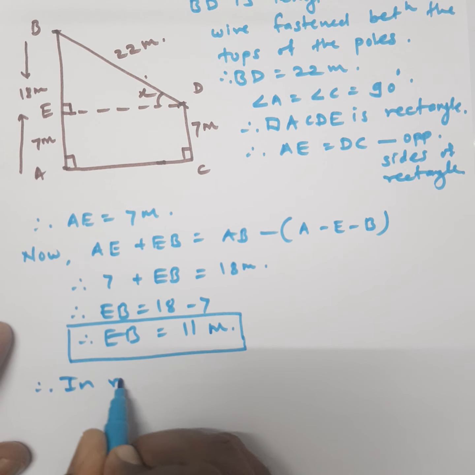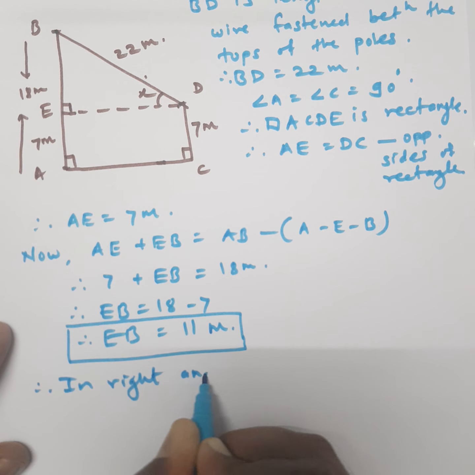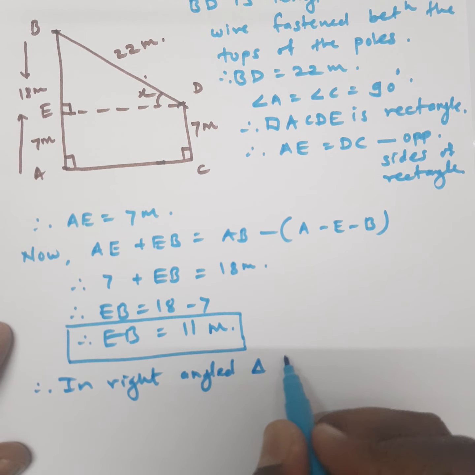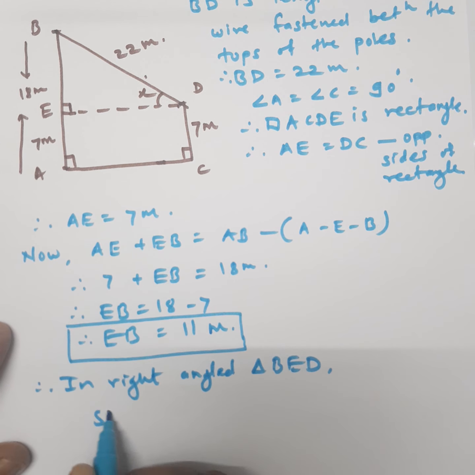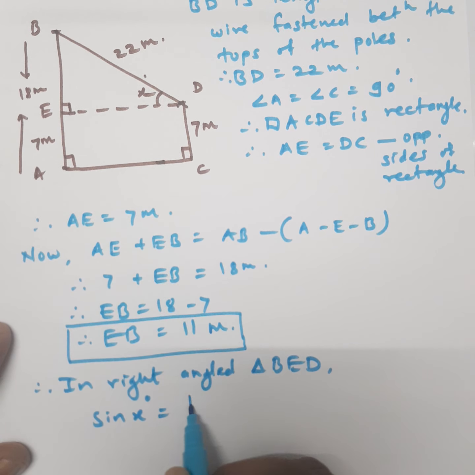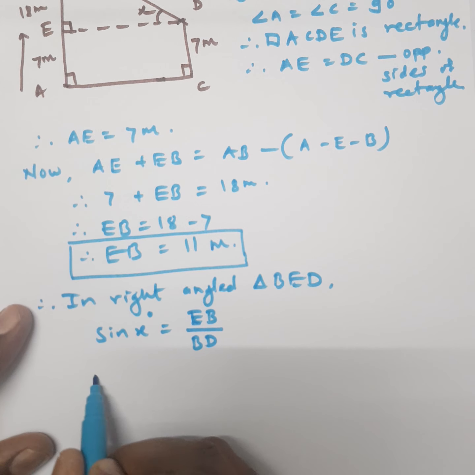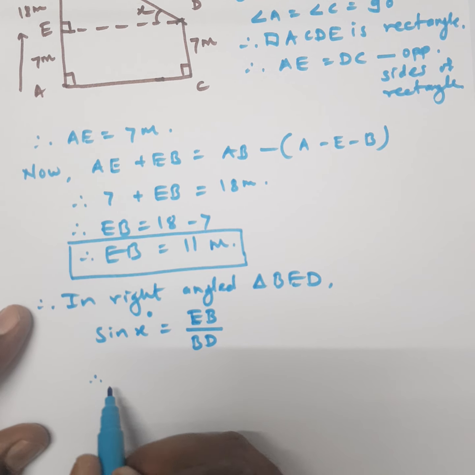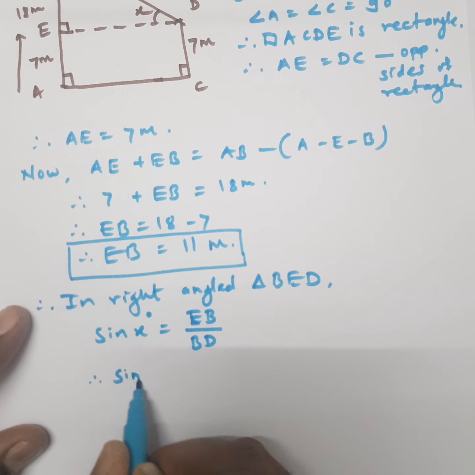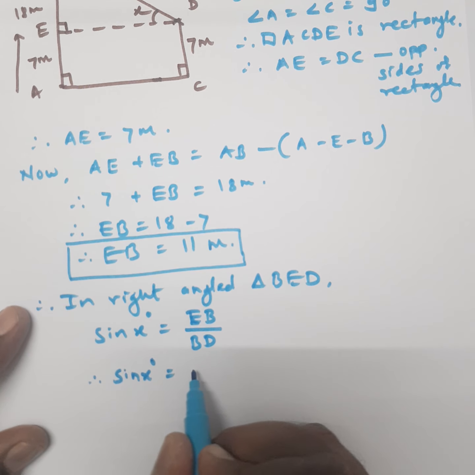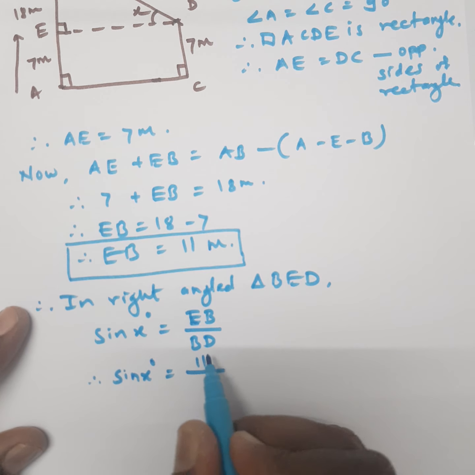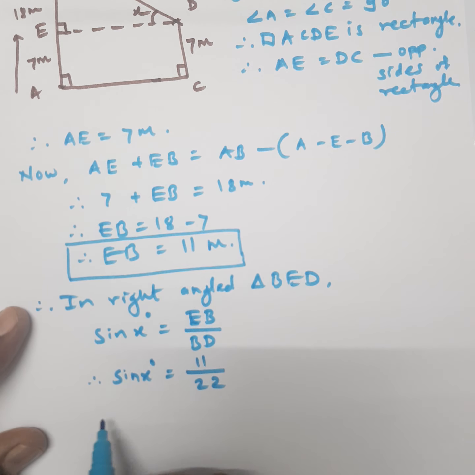Therefore, in right angle triangle BED, sin x degree is equal to EB upon BD. Therefore, sin x degree is equal to EB, we have found it is 11, and BD is 22.